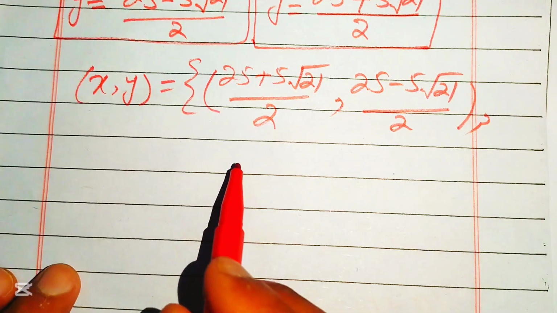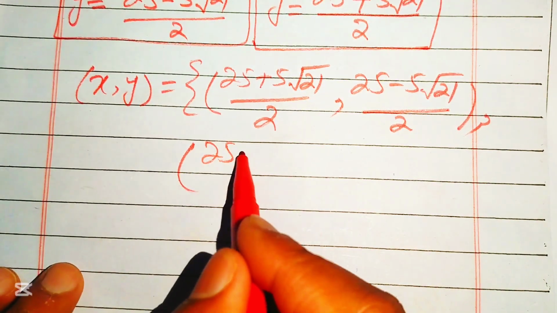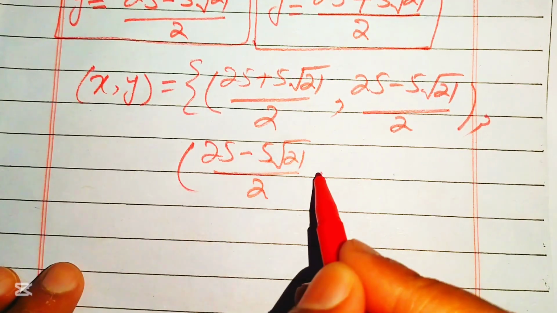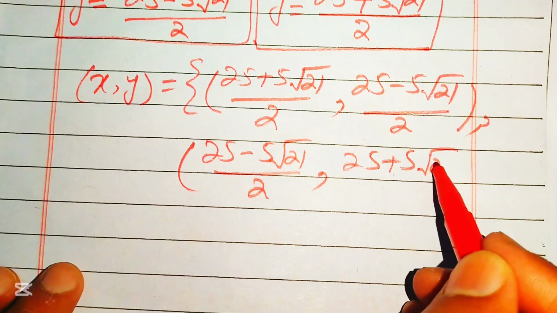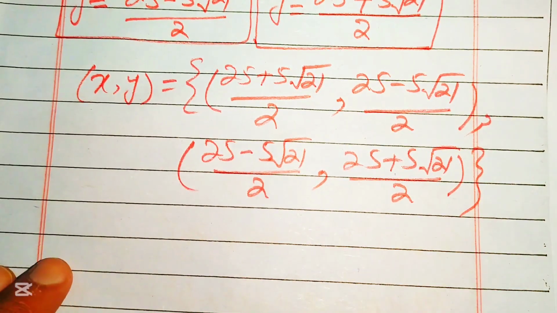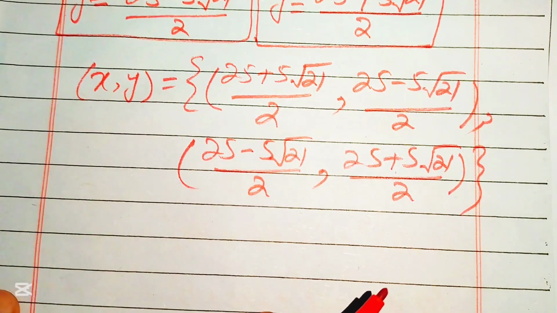This is the first solution set. Similarly, the second solution set is 25 minus 5 times the square root of 21, divided by 2, and 25 plus 5 times the square root of 21, divided by 2. This is the second value of y, and these are the two solution sets of the given equation.